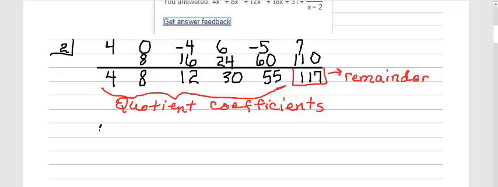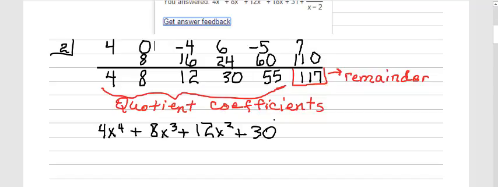So the quotient here is 4x to the fourth plus 8x to the third plus 12x squared plus 30x plus 55 plus the remainder over the divisor.